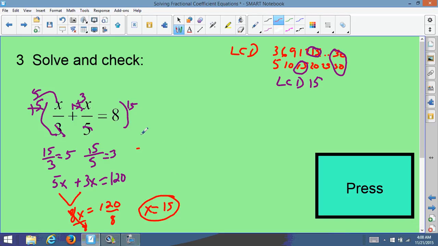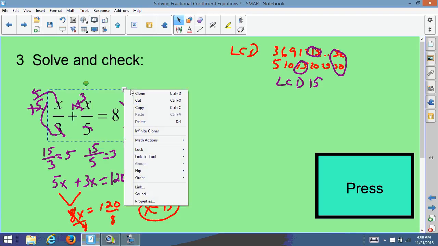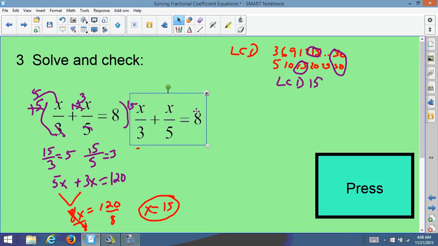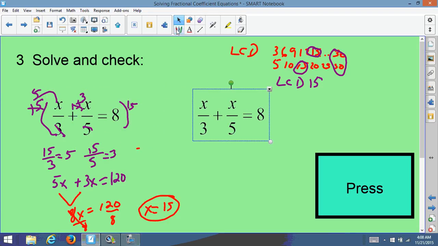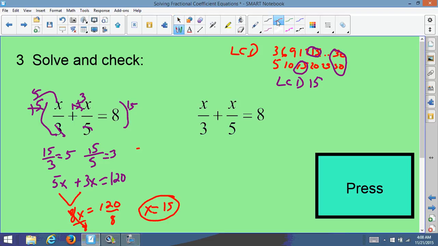So when I go back to the original equation, let's rewrite that equation. I'm going to replace x with 15.